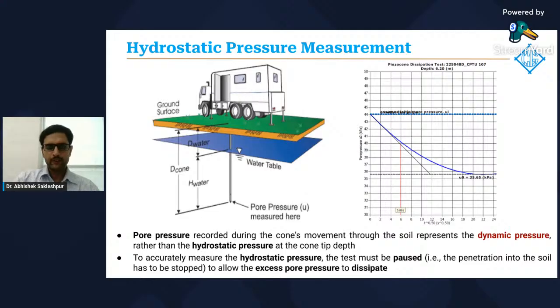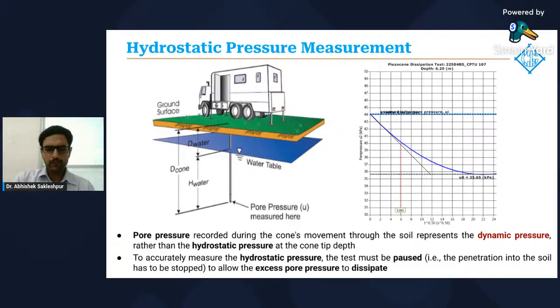Now, in addition to the parameters that I described previously, the CPTu also allows us to estimate the hydrostatic pressure, from which we can calculate the depth of the groundwater table. The pore pressure recorded during the cone's movement through the soil represents the dynamic pressure rather than the hydrostatic pressure.